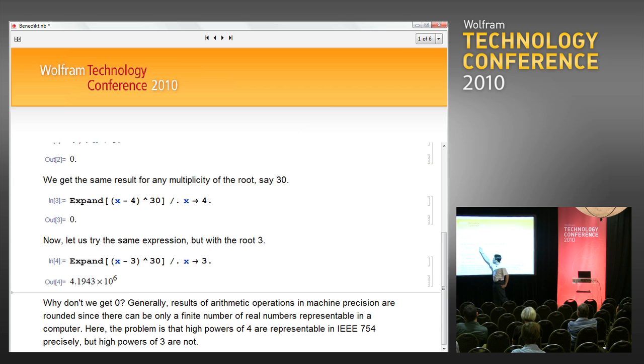It's just a power of 2, but high powers of 3 are not so easily representable. The number of significant digits grows with the power. So if it exceeds 16, then some rounding must occur.